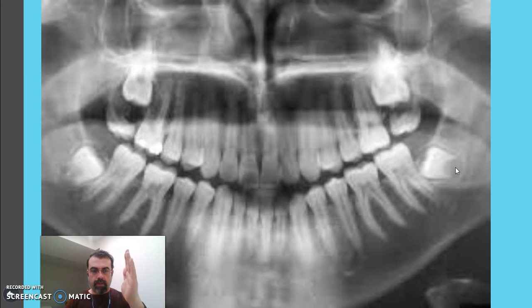Any failure in this transition of angulation along the eruption pathway leads to impaction. Like if the tooth stays horizontal and does not move to mesioangular, or the tooth moves from horizontal to mesioangular and gets stuck there, or the tooth is totally vertical, which is going to erupt, or is more distally tilted, it is going to be impacted.